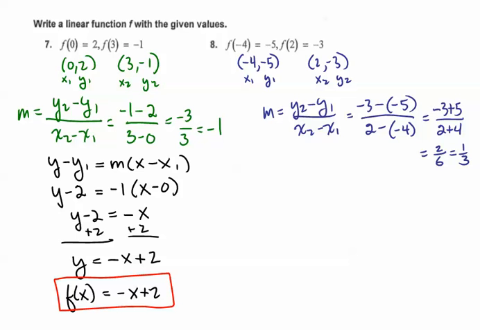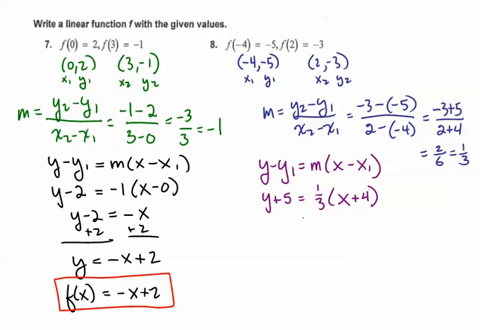Next, we're going to write the point-slope form. Y minus y1 is equal to m times x minus x1. We'll just use the first point again. So y minus negative 5 becomes y plus 5 is equal to 1/3 times x minus negative 4, which is x plus 4.